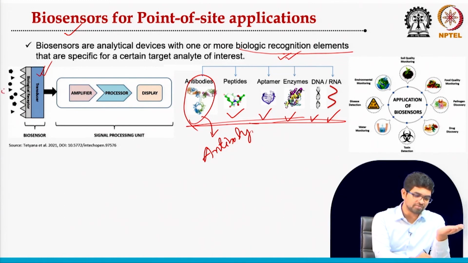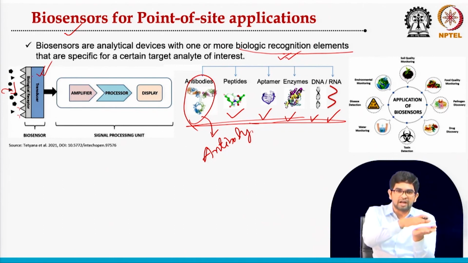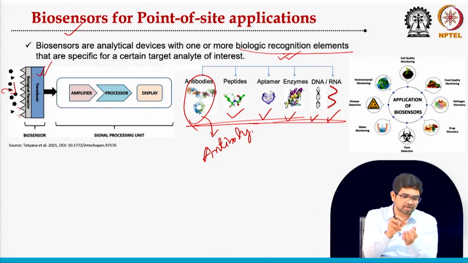Then we will drop the sample, and this sample will come to the antibodies or peptides, the bioreceptors on the surface. Then they will be captured on the surface, meaning they will target your biomarker.